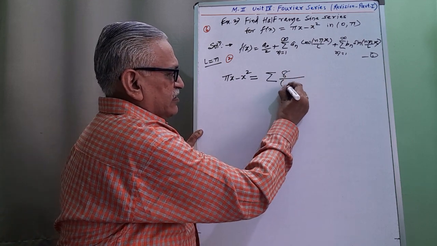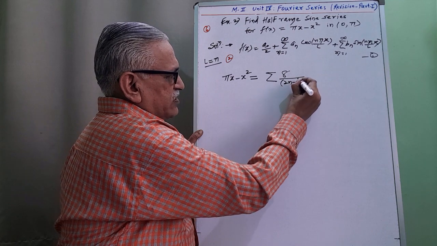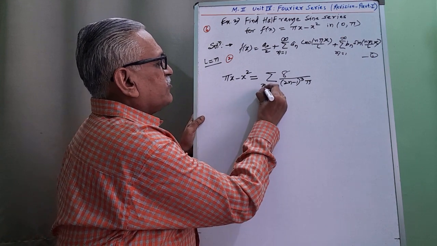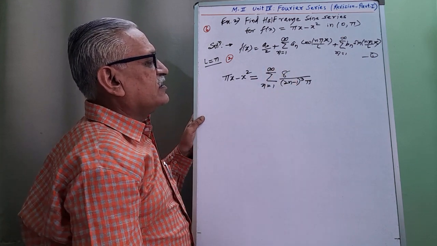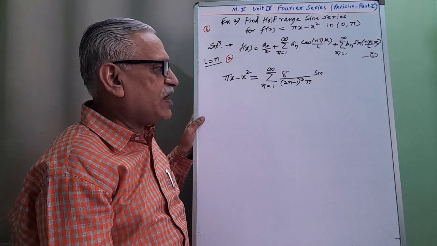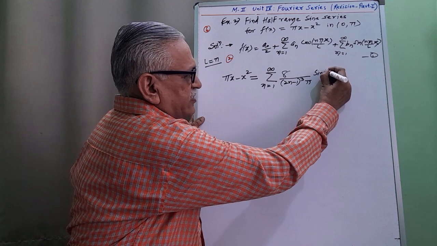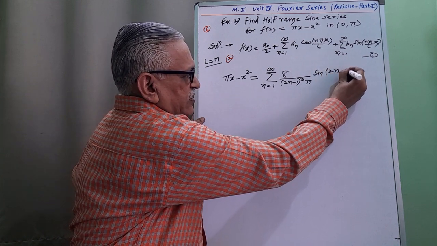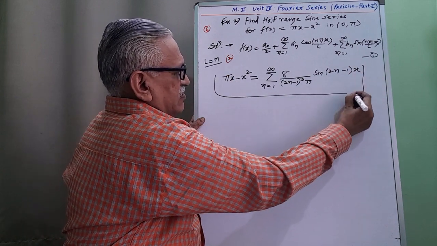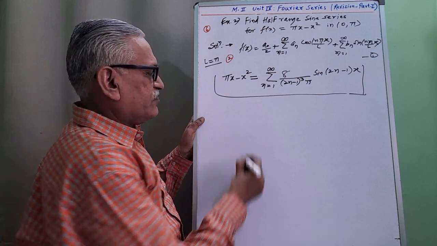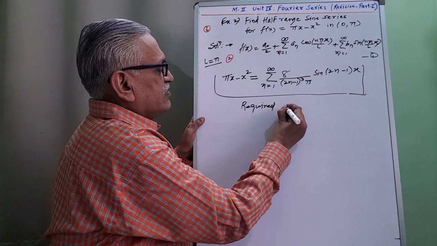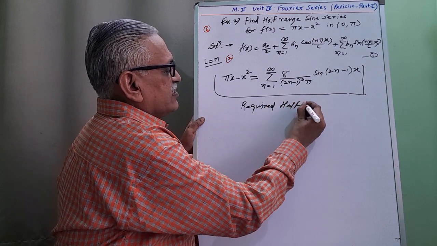Therefore, replacing n by 2n minus 1, 8 by (2n minus 1) cube pi, n changes from 1 to infinity, sine of n pi x by pi gets cancelled, we get sine of nx, n replaced by 2n minus 1 times x. This is the required Fourier series. Required half range sine series.